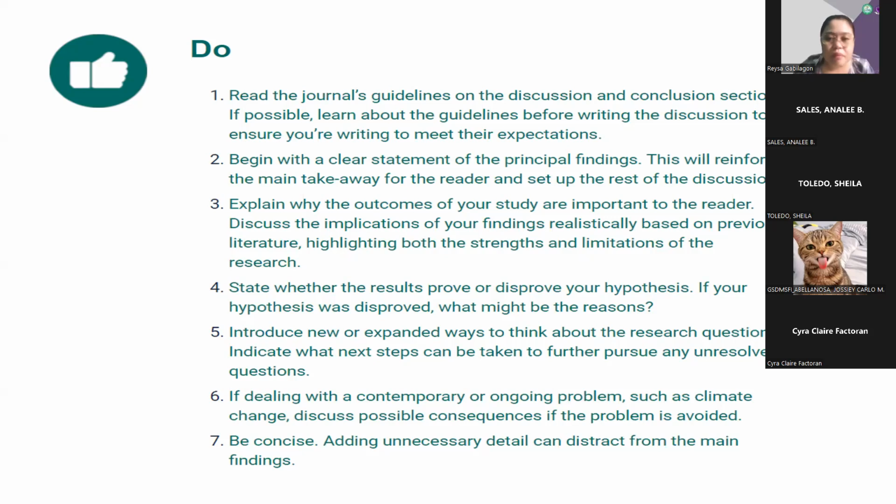Kailangan mo talagang maging clear kung i-accept mo or i-reject mo yung hypothesis mo. And please do not forget to give the reasons why you are rejecting it. Then introduce new or expanded ways to think about the research questions.